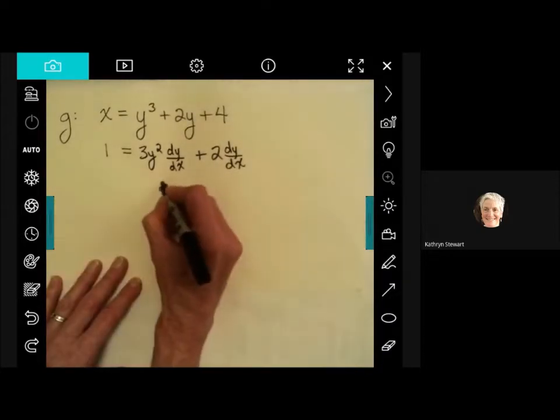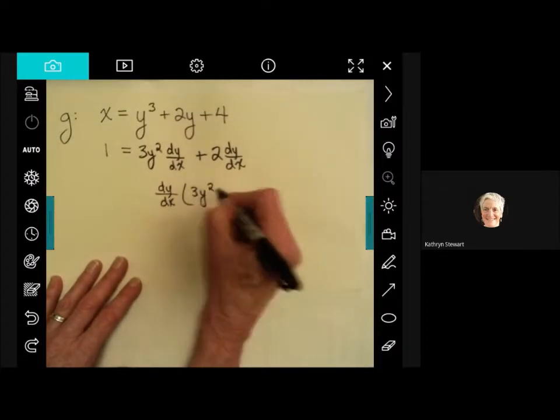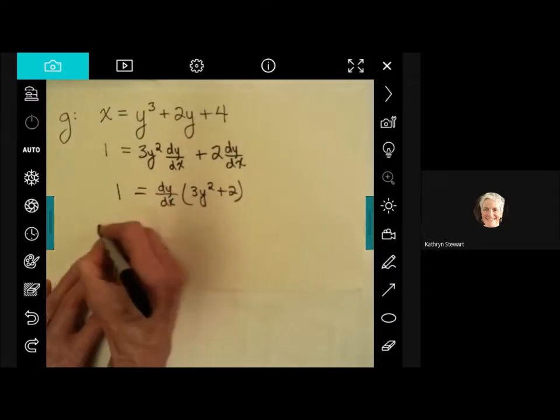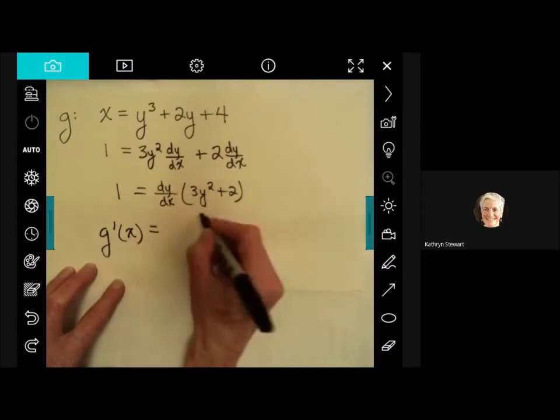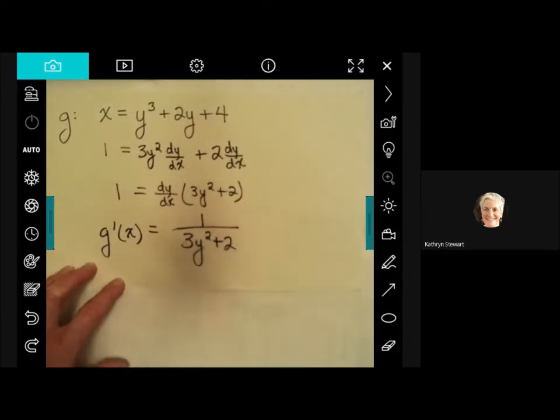I'm going to factor out my dy dx. And I have dy dx equals, so I'll now call it g prime, equals 1 divided by 3y squared plus 2. All right, seems like I'm on my way, but I have a little bit of a quandary.